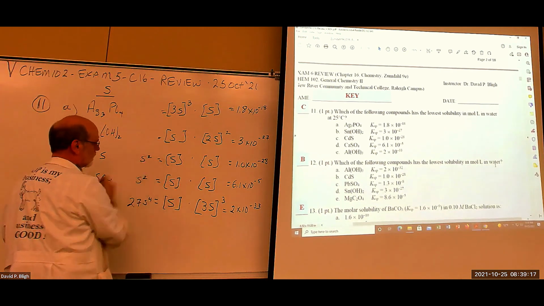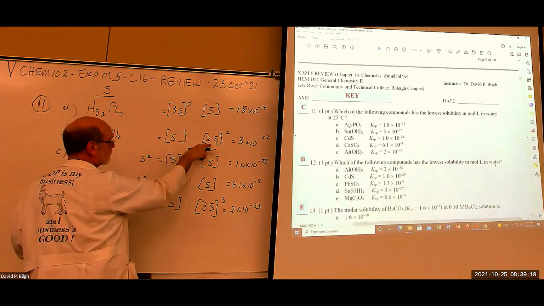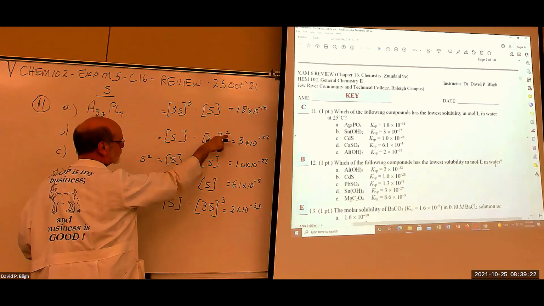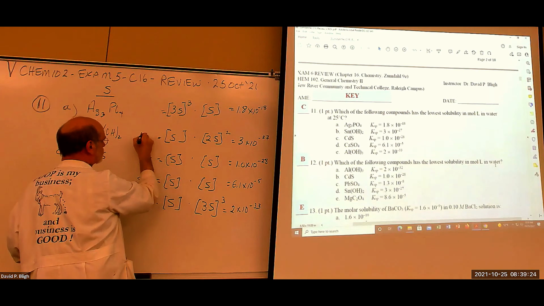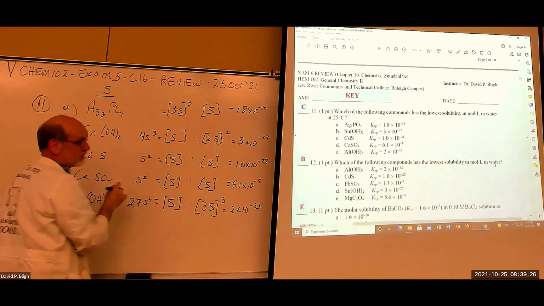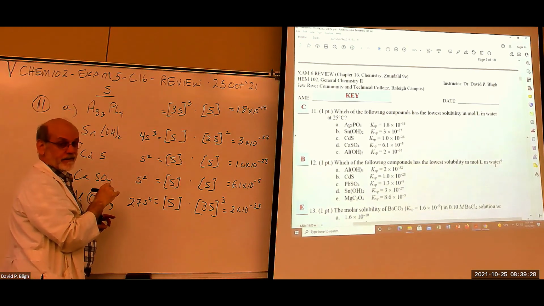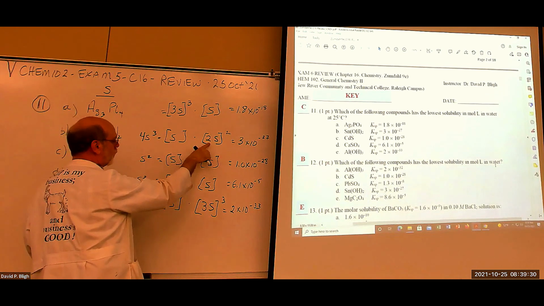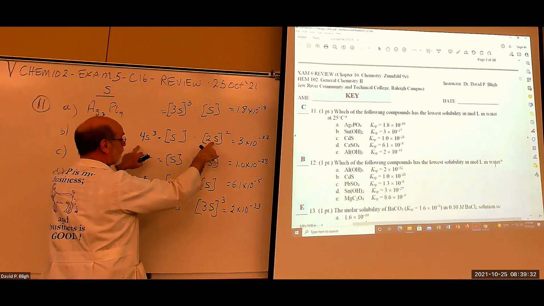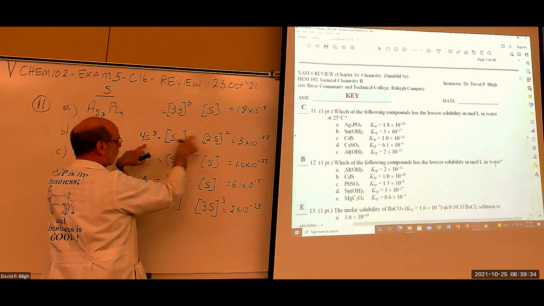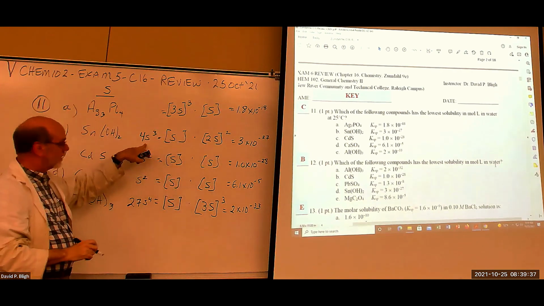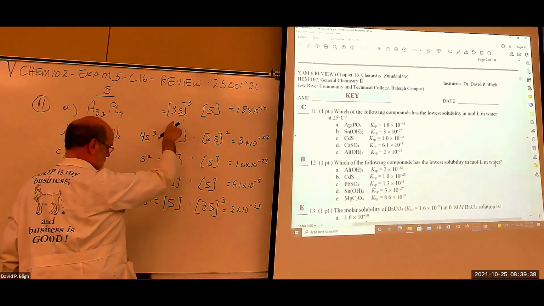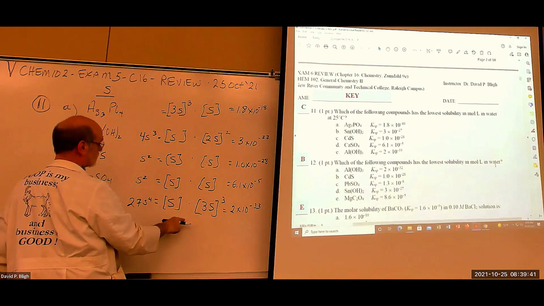This one's going to be S squared. This one's going to be 4S squared times S, that is 4S to the 3rd. Okay, so 4 squared, S squared, and then 1 more S makes 3rd. This one is the same as that one.